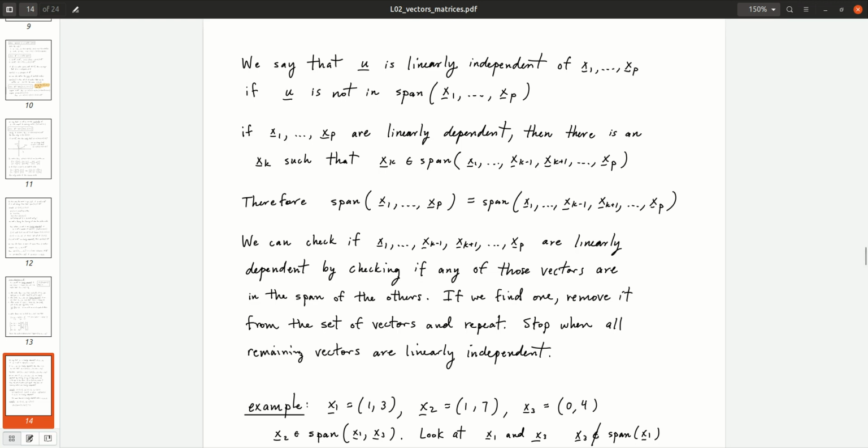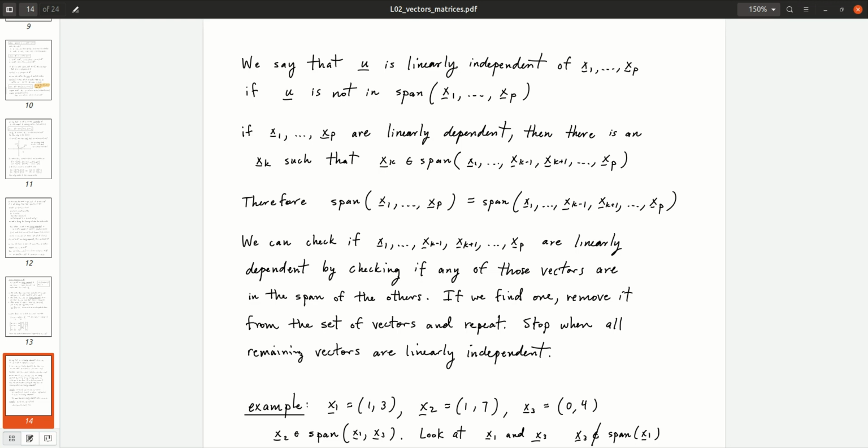So now we can kick out xk from this set of vectors. And now we can apply the same process to the set of vectors without xk. We can check if these vectors are linearly dependent by looking at each one of them and checking if we can find one that we can write as a linear combination of the others, which is the same thing as checking if you can find one that's in the span of the others.